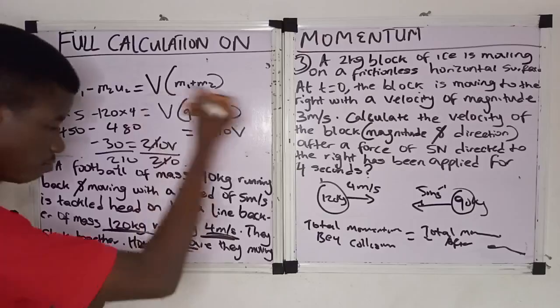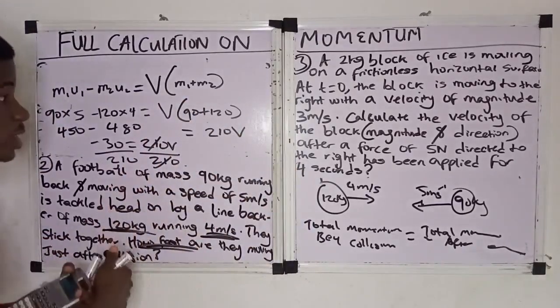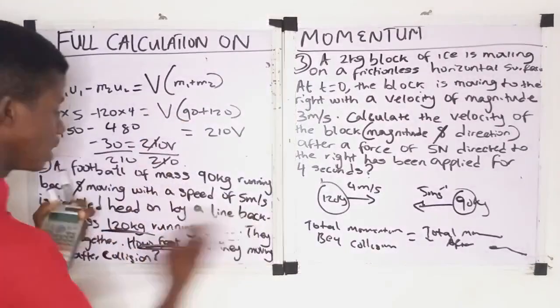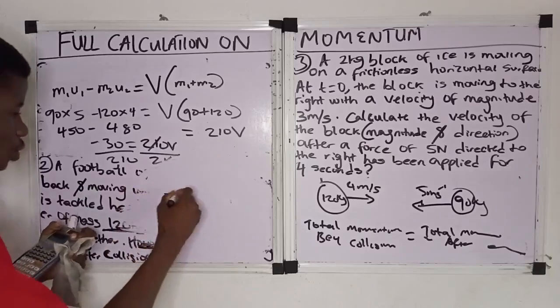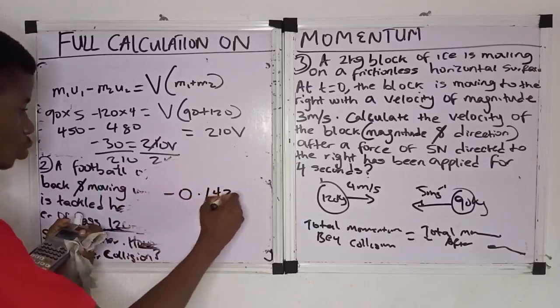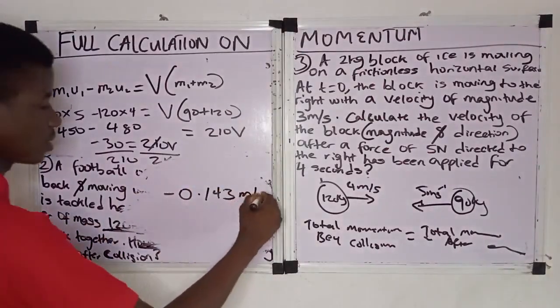So the final velocity, or their common velocity with which they move after collision, is approximately minus 0.143 meter per second.